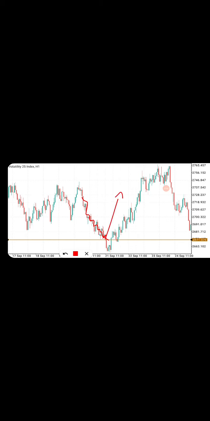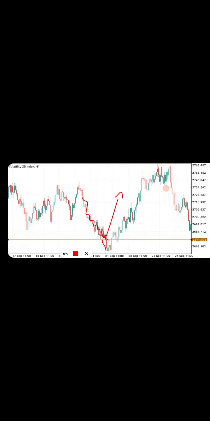So a lot of traders bought at this level, but check what happened. The market went down instead of going up. Let me change the color so that you can see. The market went down at this level, okay? And you lose a bit of money. But after that, what happened at this level?